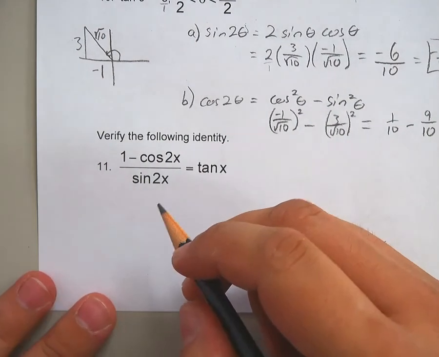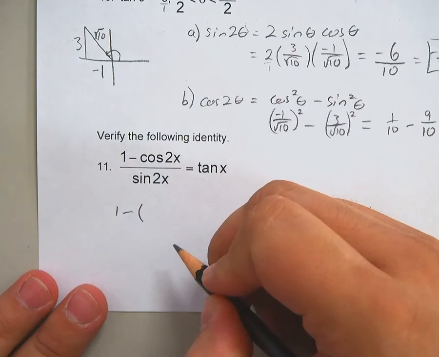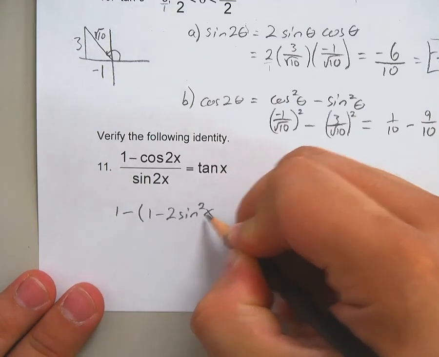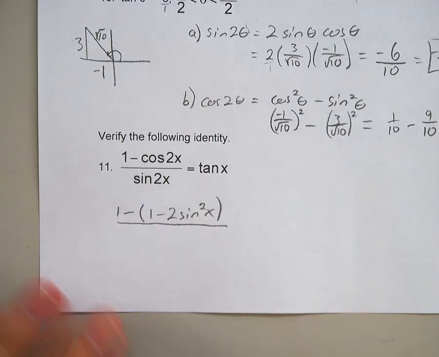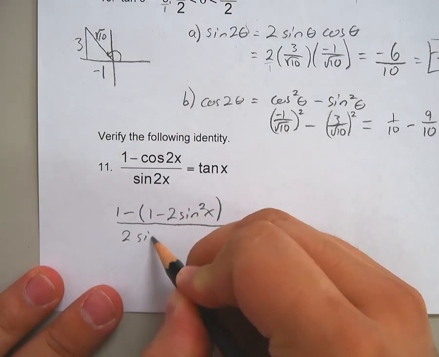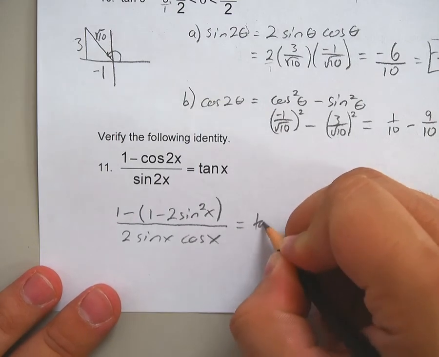So let's change the top here to a 1 minus, and I'm going to plug in here 1 minus 2 sine squared x all over. And what about sine of 2x? Well, I know from the front that's going to be 2 sine x cosine x.